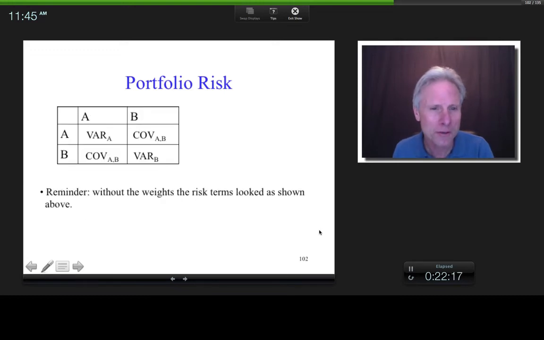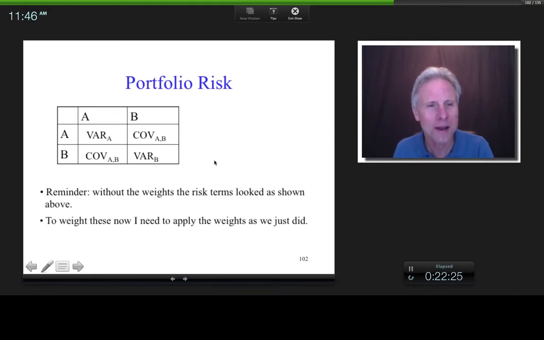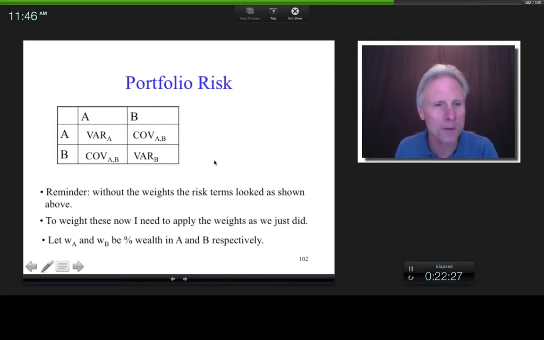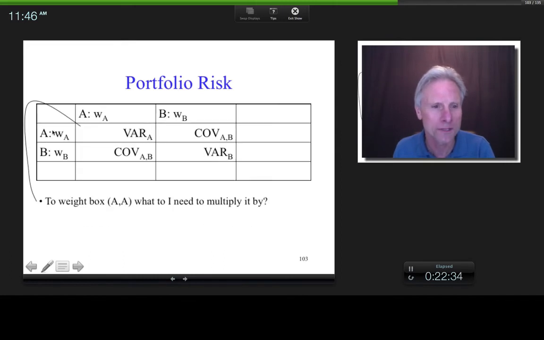So just to remind you, remember without the weights, we had these variance and covariance terms. So if I now add weights, and I say, all right, let WA and WB be the percentage of wealth that I have in A and B. So the numbers I used earlier, for example, this was 60% and this was 40%. Then what would I put in front of this variance term to weight the variance?